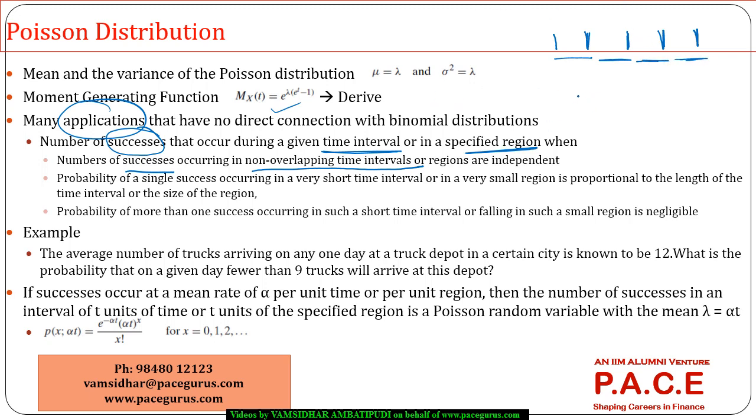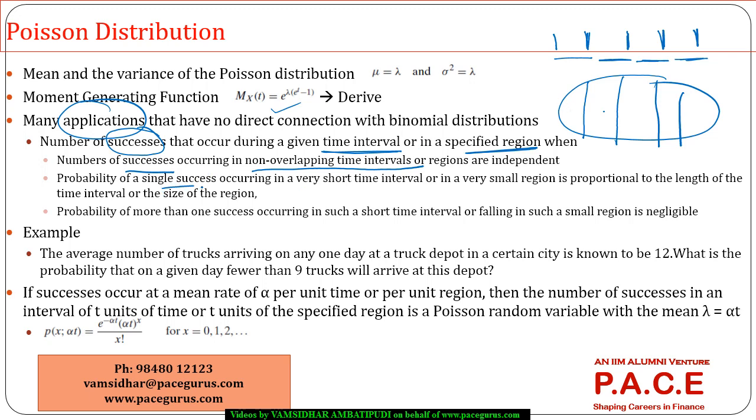Or when I am talking about a region, number of successes in this part is independent of number of successes in this part. So for every region, the number of successes are completely independent.